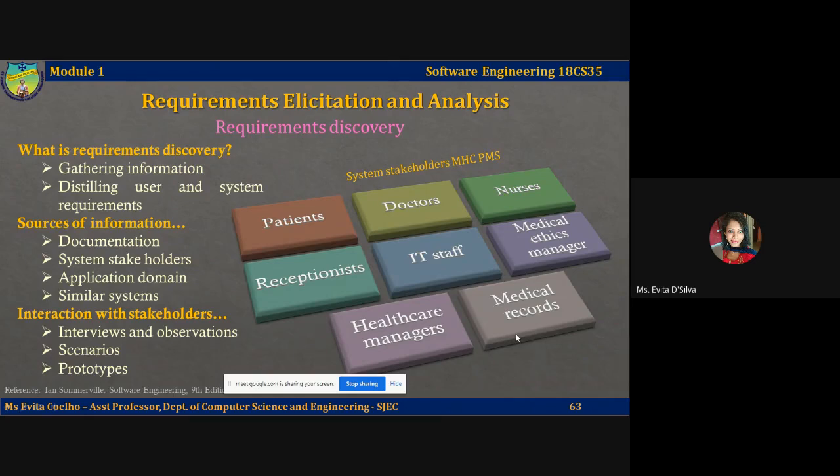So these are the different stakeholders who are directly or indirectly affected by the system or use the system.